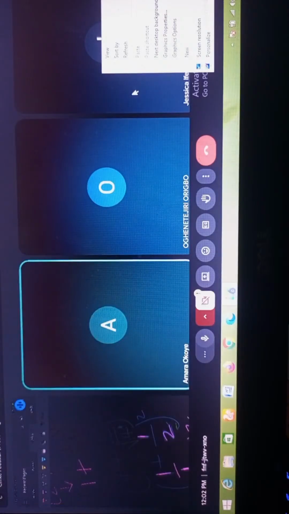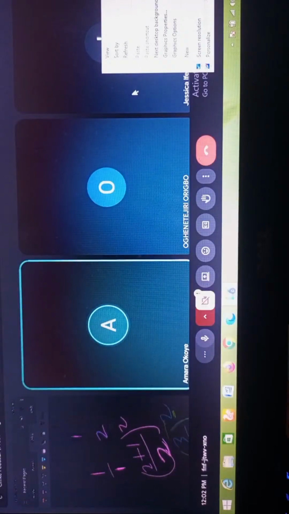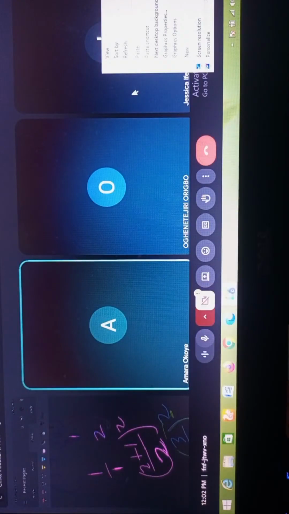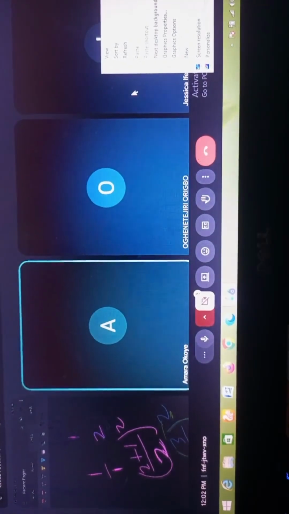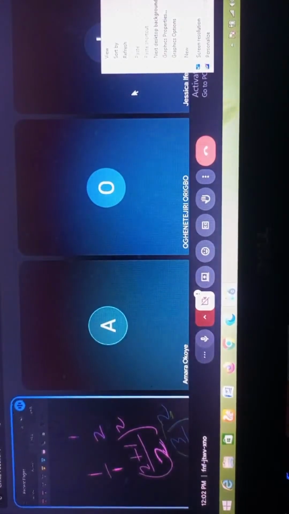So in the next class we'll deal with equation in detail, but at least we're trying on this one. So the best way to write it is the way you understand it. You don't have to write it the way I write it. Maybe adding the fraction or using the LCM.